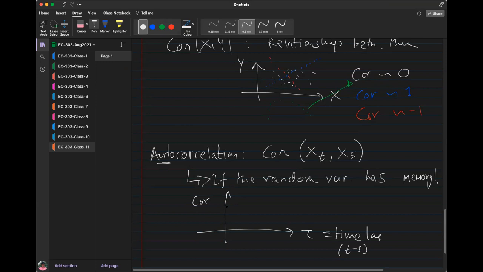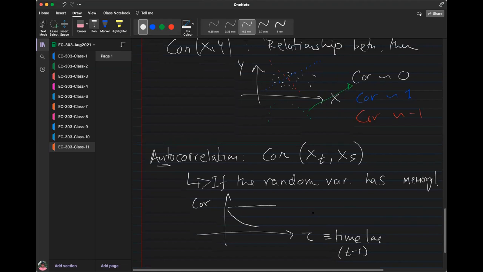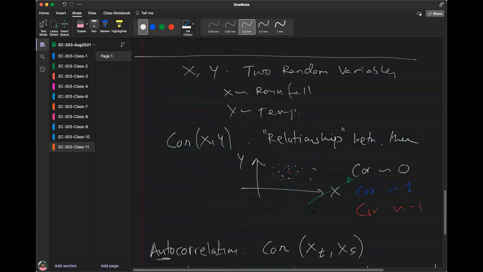You choose what works for you, and then you can plot this. If it's a line like this, that means they're strongly correlated no matter what the time gap is. But usually what you expect is something like this. As the time gap increases, the memory in the system decays. This is usually what you expect. And what we found in the context of random walk was the following, right?